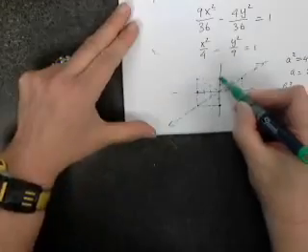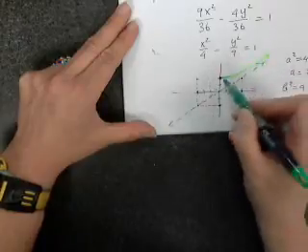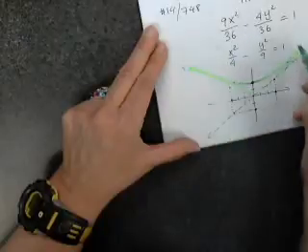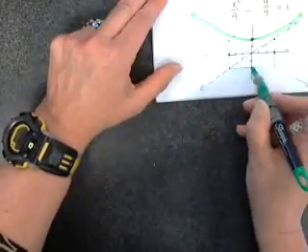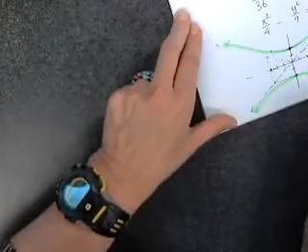And now I'm ready to graph the hyperbola. Through this point and approaching the asymptote. Through this point and approaching the asymptote, and approaching the asymptote.